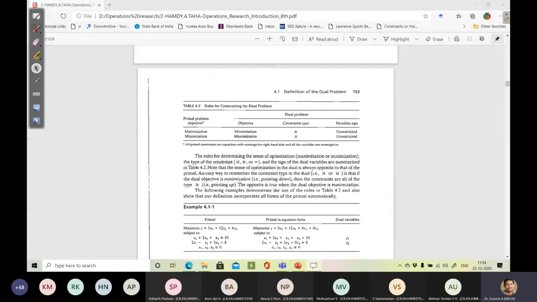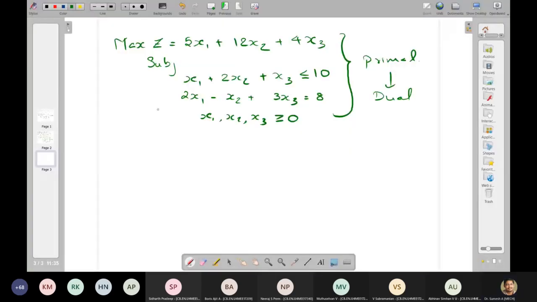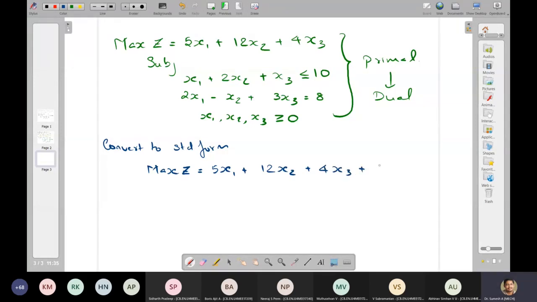So first, convert into standard form. Maximize z equals 5x1 plus 12x2 plus 4x3 plus 0 s1.